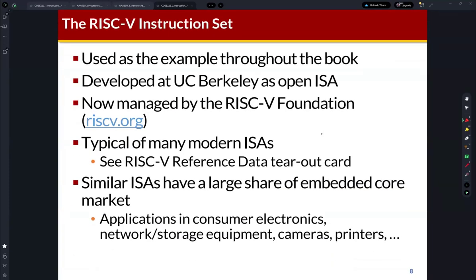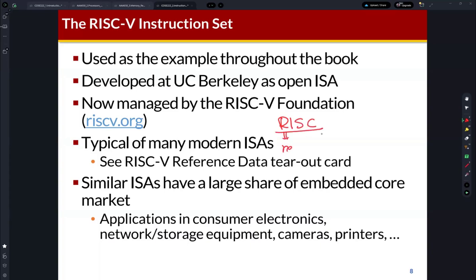In this course, we will learn about the RISC-V ISA, the RISC-V instruction set architecture. RISC-V is a RISC type ISA. What does it mean? What is RISC?